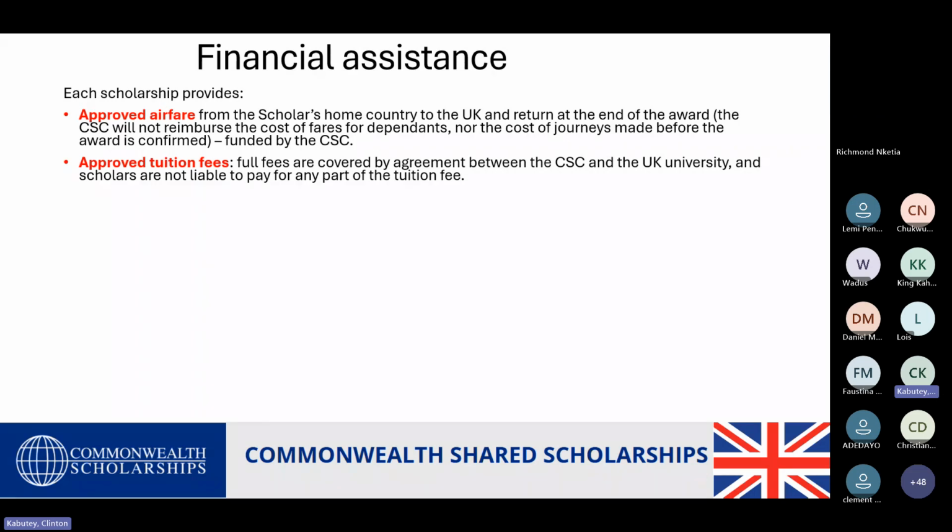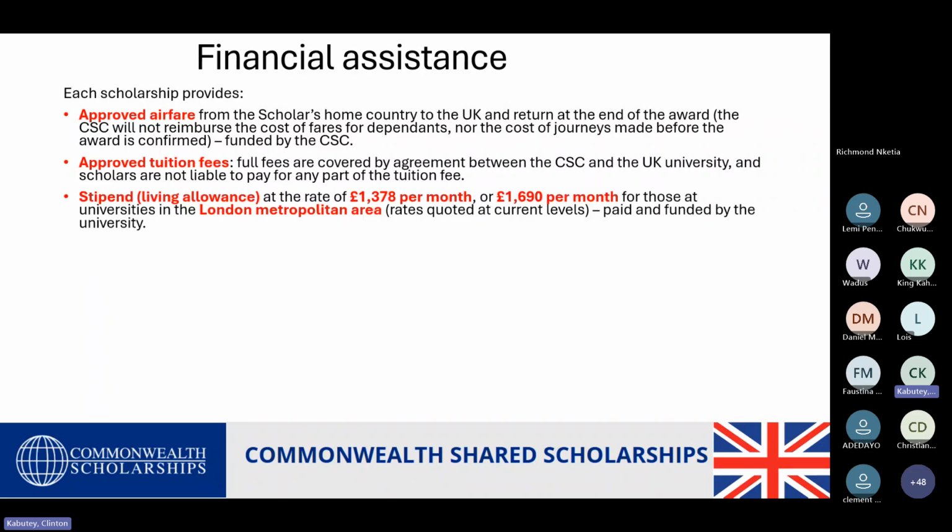Mine was about 25,000, and that was also covered. We have stipends. If you live within London, you are going to be paid £1,690 per month. But if you're outside of London, you have £1,378 per month.